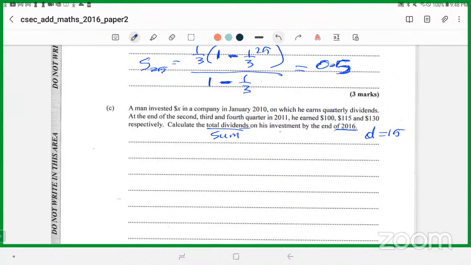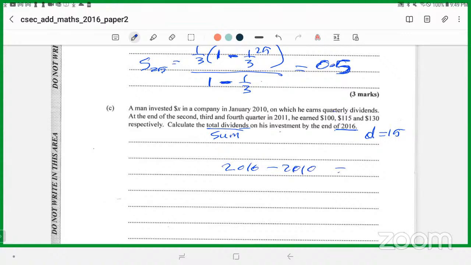Now, let me tell you something off the bat, and don't forget it. When you're doing questions with years, we tend to want to count the number of terms by subtracting. So you might, for example, want to say the number of years involved is calculated by doing 2016 minus 2010.